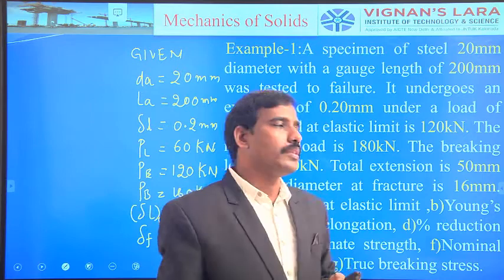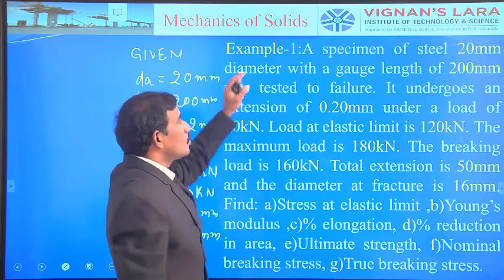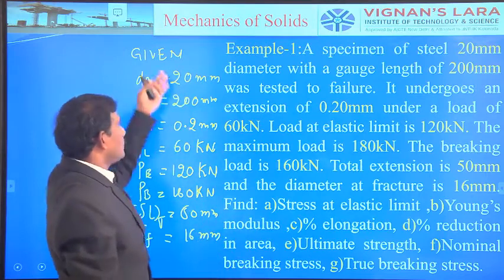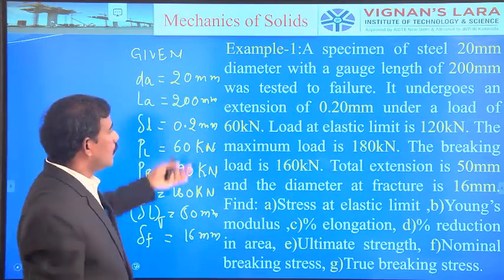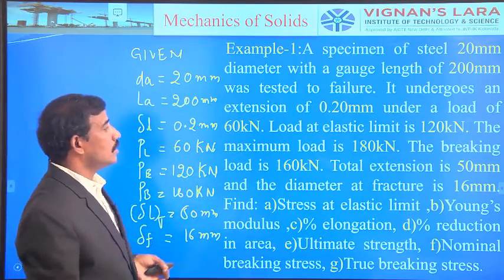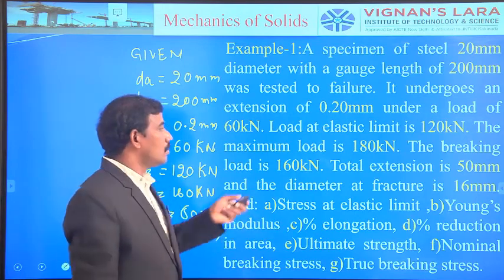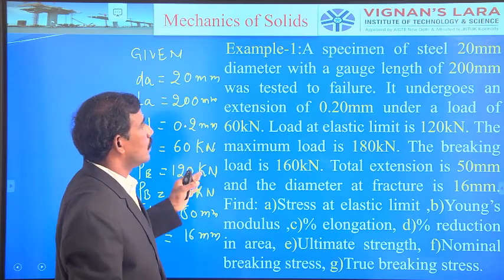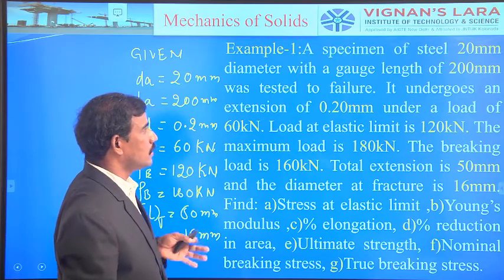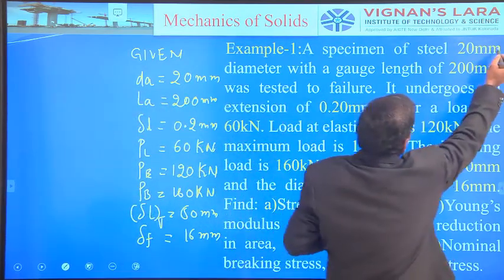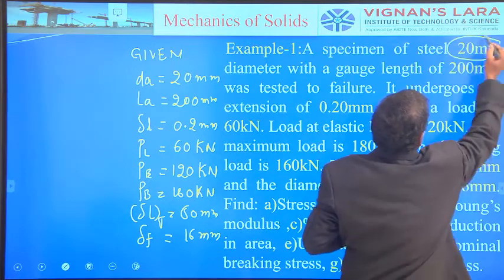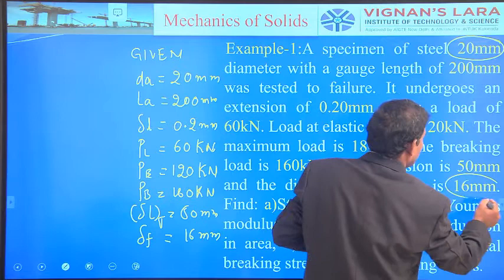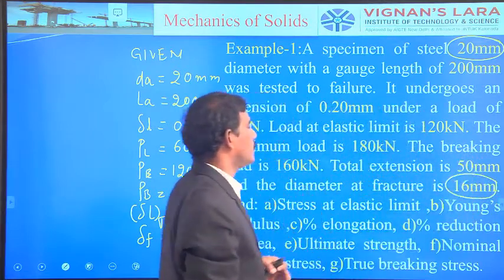Before solving any problem, go through the problem and write down the given data as shown on the left side, and use the appropriate formulas. Then go further. We have to remember one thing: we have two diameters, one is 20 mm, the second is 16 mm.